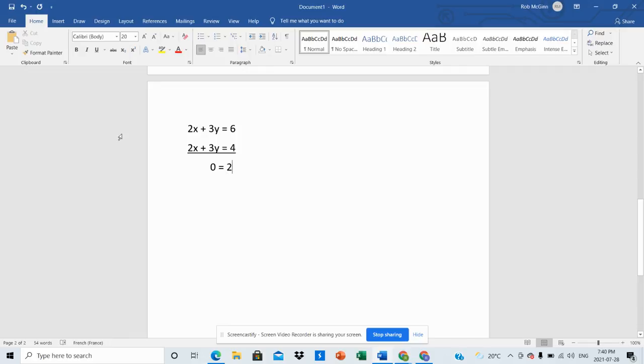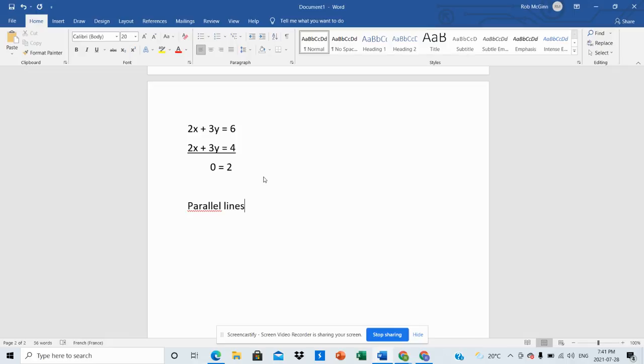And we know that this can't actually be true. 0 cannot equal 2. So this system of linear equations is two lines with the same slope but different y-intercepts. So in other words, they are parallel lines.